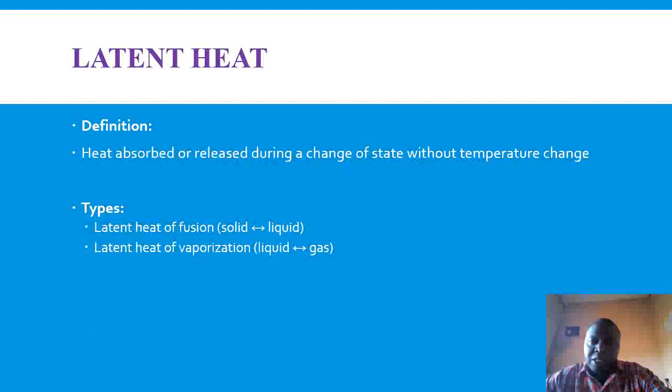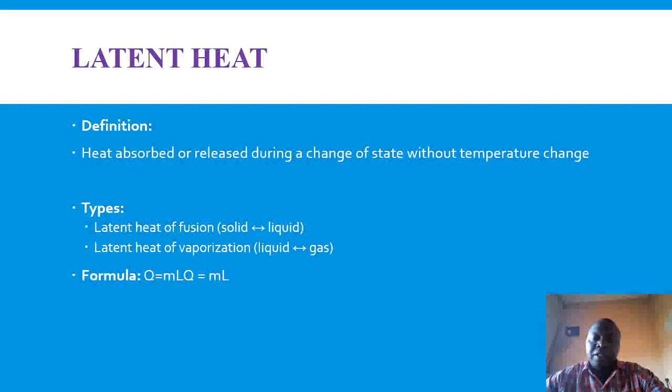There are 2 types basically: latent heat of fusion, change of solid to liquid, and then we have latent heat of vaporization, liquid to gas, and then gas back to liquid. The formula is that Q, which is the amount of heat, is equal to mass times the specific latent heat.